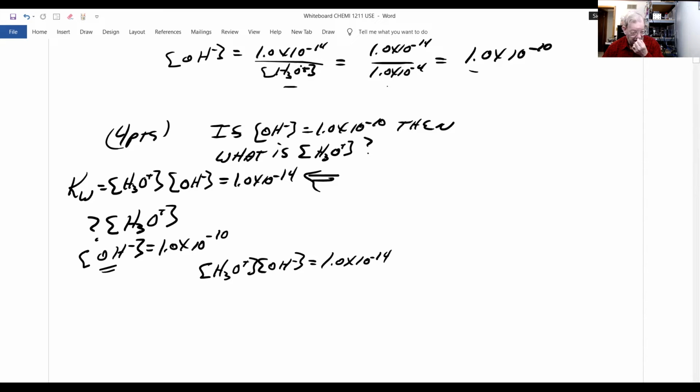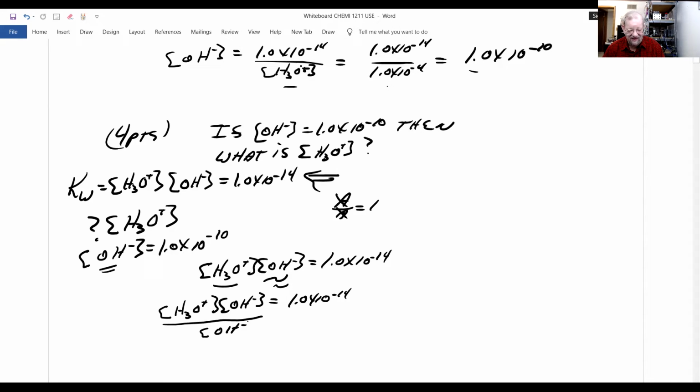14th. And now, if we want to solve for this, we have to get rid of hydroxide. How do we do that? Well, remember, anything divided by itself equals the number 1 and cancels out. So I want to get rid of hydroxide, I'll divide by it.